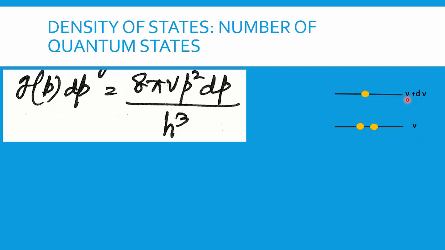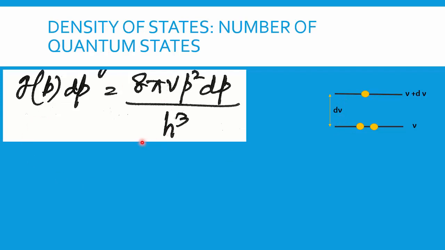So let us say the frequency of the third particle is nu plus d nu. Now if I ask you, within this interval of frequency d nu, what is the number of quantum states?